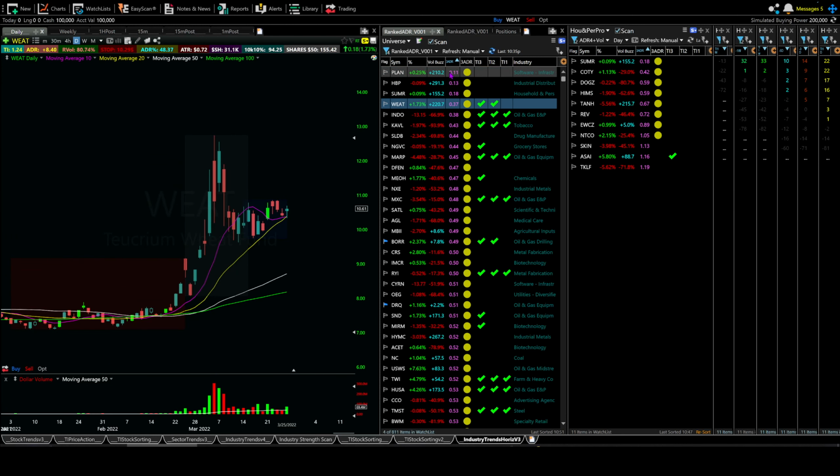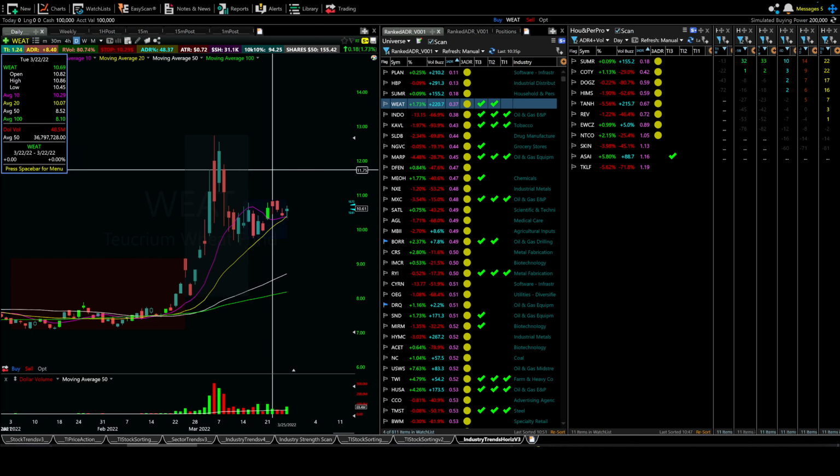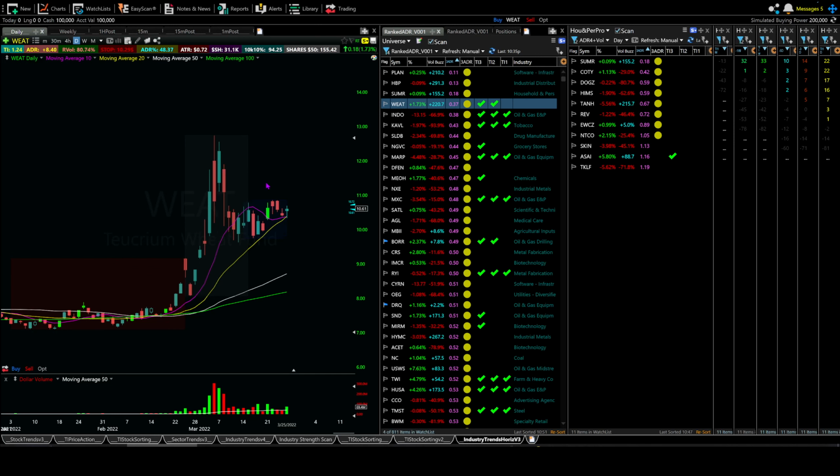Then if you keep going a little bit, you'll see something like wheat. You can see this is a very low 3ADR, which basically means these last 3 candles have been low range compared to the 20 candles before it. And how low? One of the lowest in this watch list, in this scan.